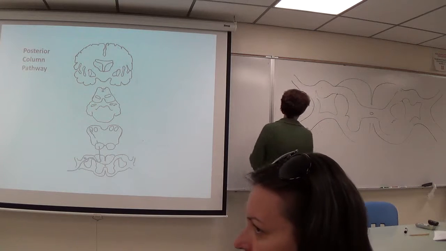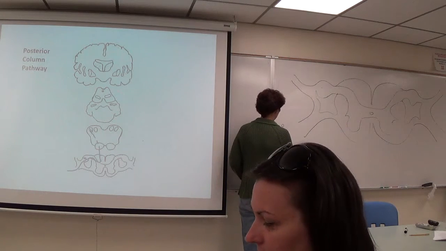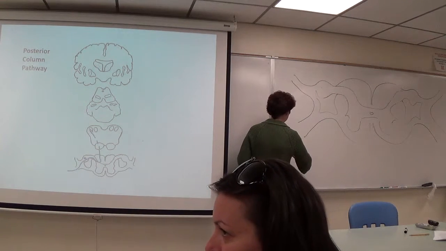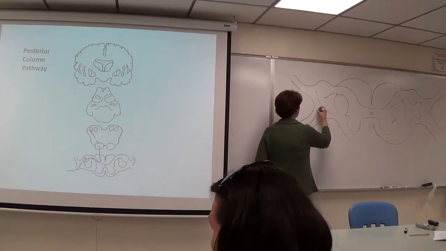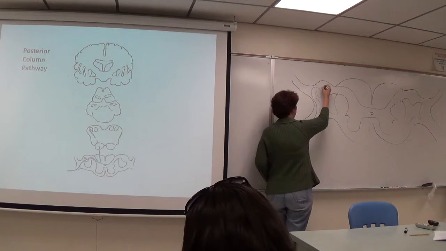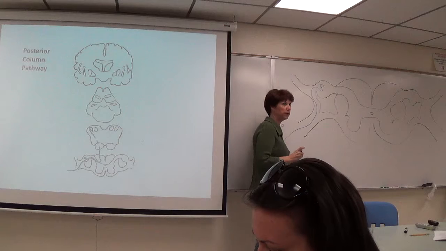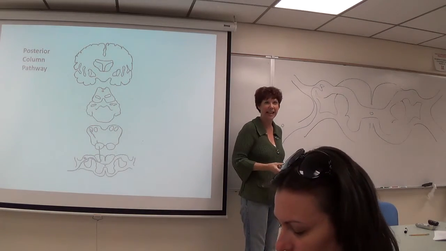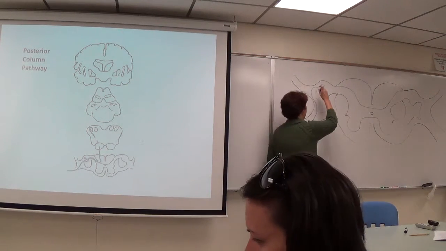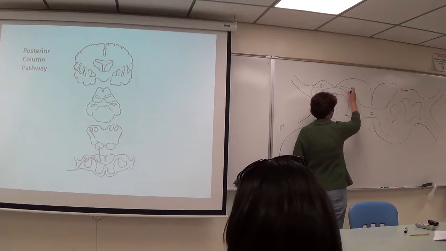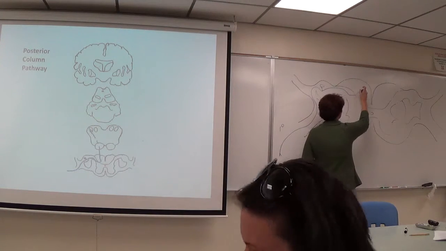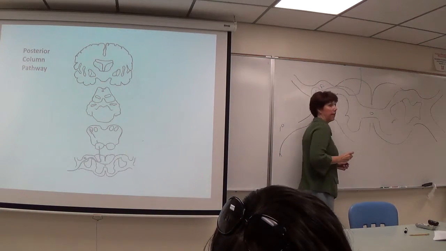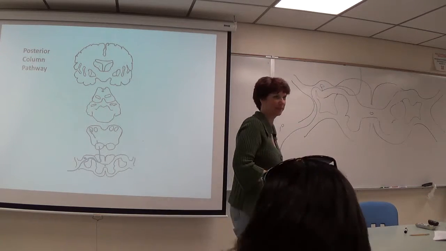And so our sensory neuron, first order neuron, comes in the ventral ramus, say from the elbow, and its cell body is going to be in the dorsal root ganglion. That's what makes the dorsal root ganglion. And then it does not stop in the posterior gray horn. It goes up to the medulla.